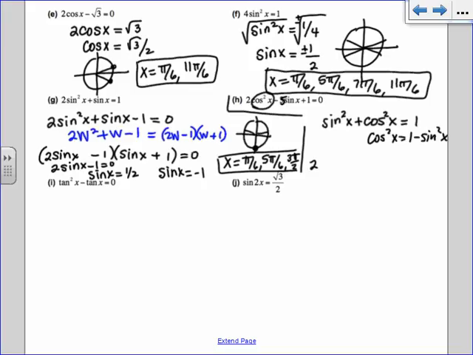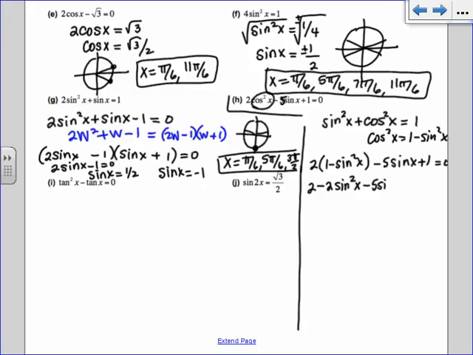So we're going to have 2 times 1 minus sine squared x minus 5 times sine of x plus 1 equals 0. And we're going to continue to simplify. So we're going to have 2 minus 2 sine squared x minus 5 sine of x plus 1 equals 0.